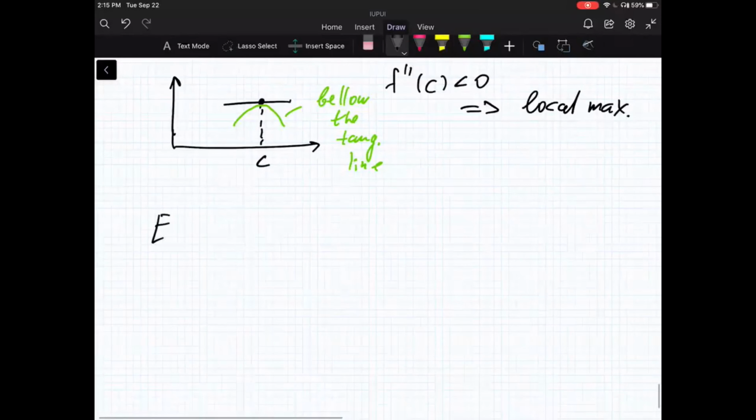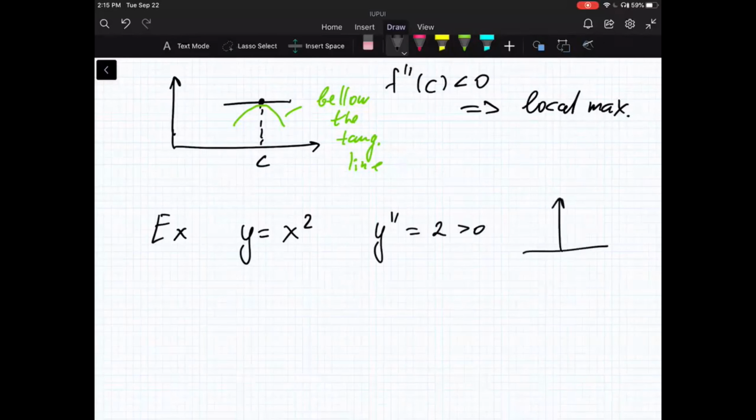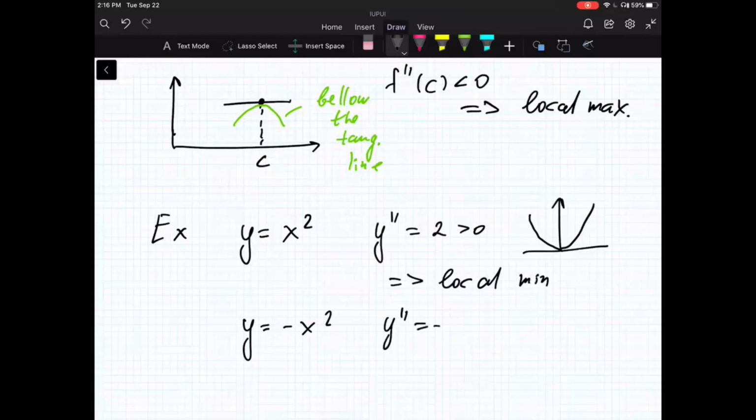Again, the simplest example that we discussed, y equals x squared, gives you that the second derivative is just 2, which is positive, while if you look at the graph of y equals x squared, then of course you have a local minimum. While if you consider y equals minus x squared, then the second derivative is minus 2, which is negative, and the graph looks like this, and that means that it's a local maximum.